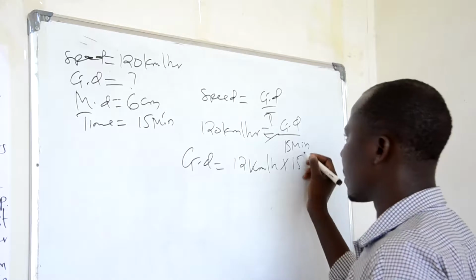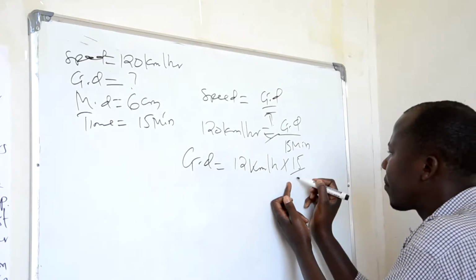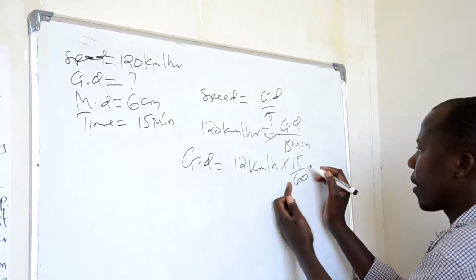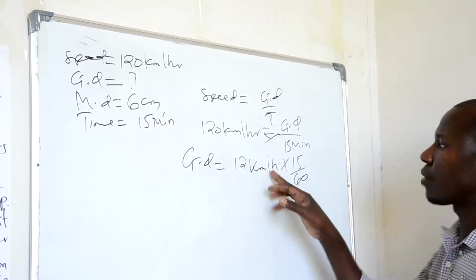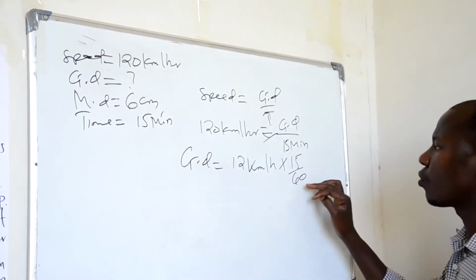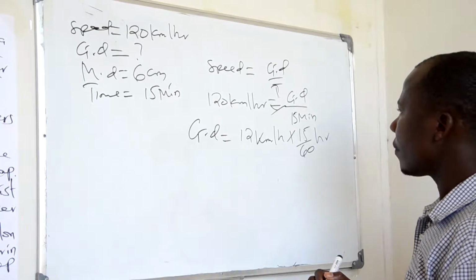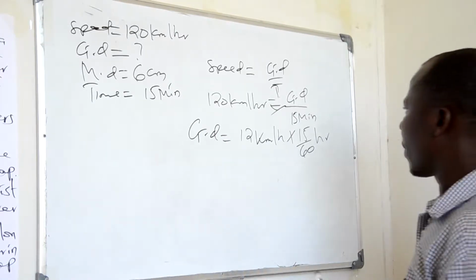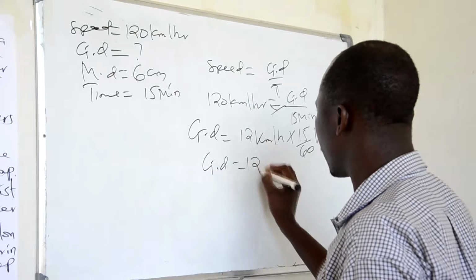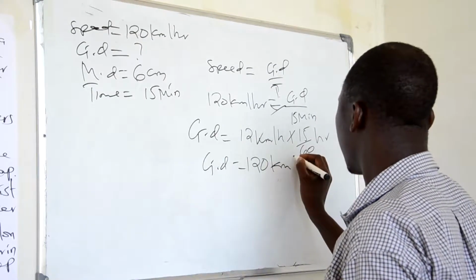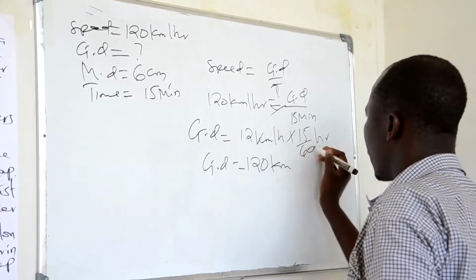Therefore, this means we have to change into terms of hours. Therefore, it will be divided by 60, so 15 over 60 is in hours. Therefore, ground distance is equal to 120 kilometers, because we are just dividing hour and hour will be cancelled.